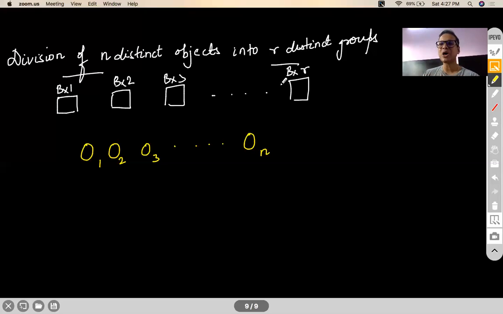So you can say the order of the group is important now. My question is, in how many ways can you distribute these n balls into these R boxes such that a blank box, or you can call it a group, is allowed?